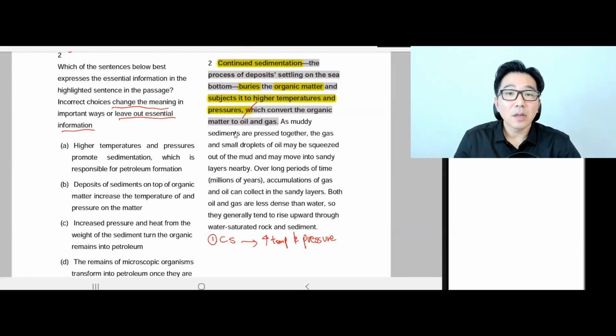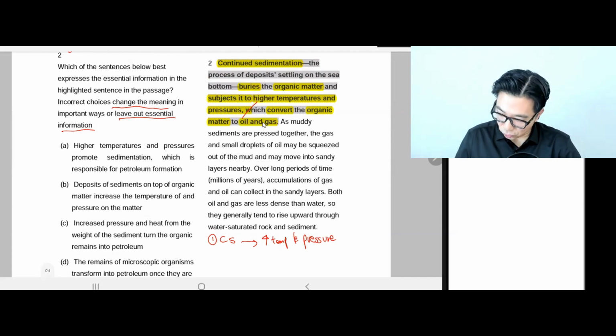The second part, which converts the organic matter to oil and gas. Bam. So this converts organic matter to oil and gas. This is the formation of petroleum.